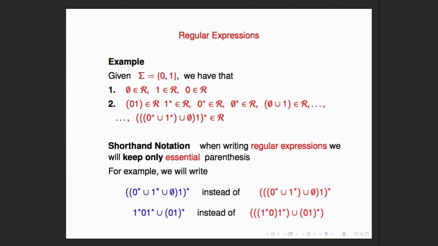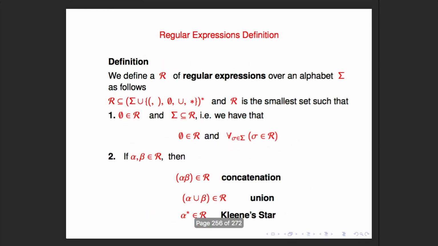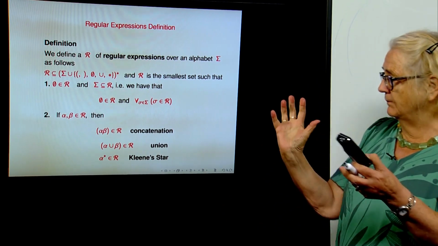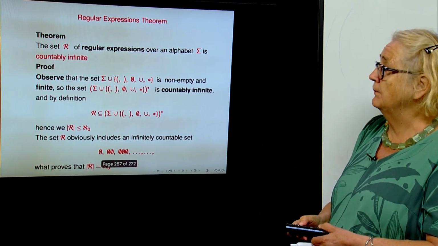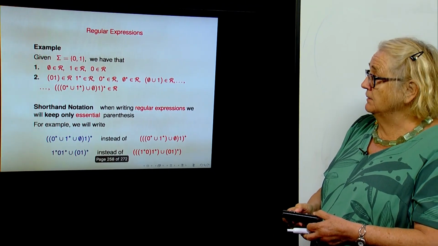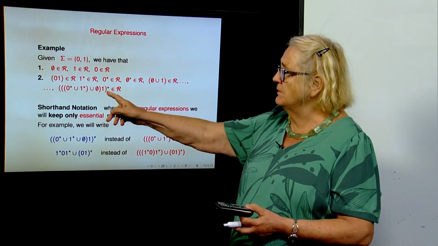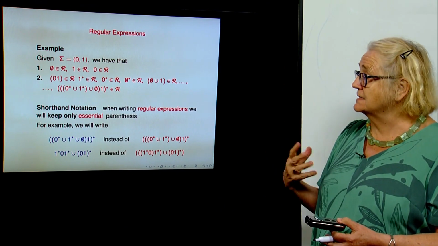And you have some examples, right? You have 0, 1, and so on. Now, when you look at those expressions, we defined that we put concatenation in parentheses and union in parentheses. Because we need them, but some of those parentheses we can skip.